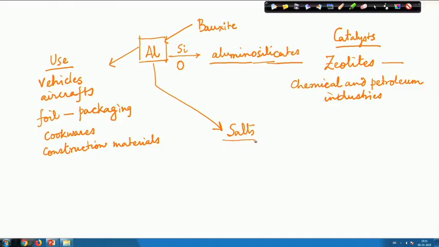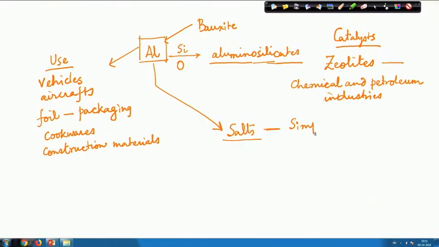But when we talk in terms of the simple aluminum salts, that means salts of aluminum ions, these will be the simple salts of aluminum ions, which is aluminum 3 plus. The most common oxidation state of aluminum is not aluminum 1 plus or aluminum 2 plus, but aluminum 3 plus. It has tremendous industrial application for this particular cation.